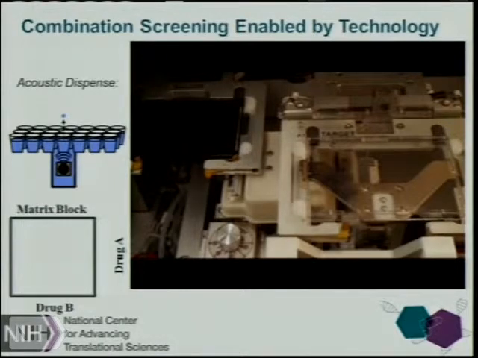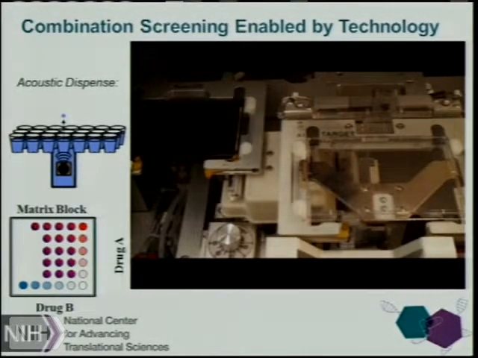So this is the technology we're using. We're using acoustic dispense technology where the acoustic energy is applied to a well that contains a solution of the small molecule, fires up a droplet that flies upwards and lands into a recipient plate.